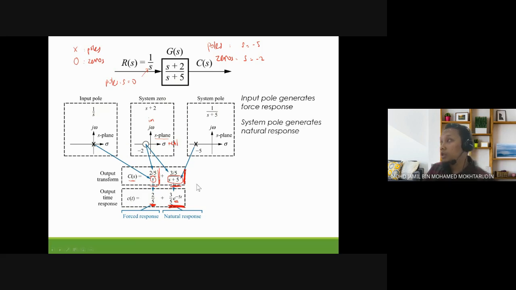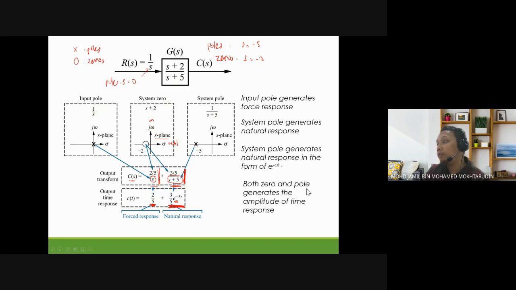So the input pole basically generates the force response, and the system poles generate the natural response. The system pole, which is -5, generates the natural response in the form of exponential. So it causes the shape of the natural response to have an exponential shape.